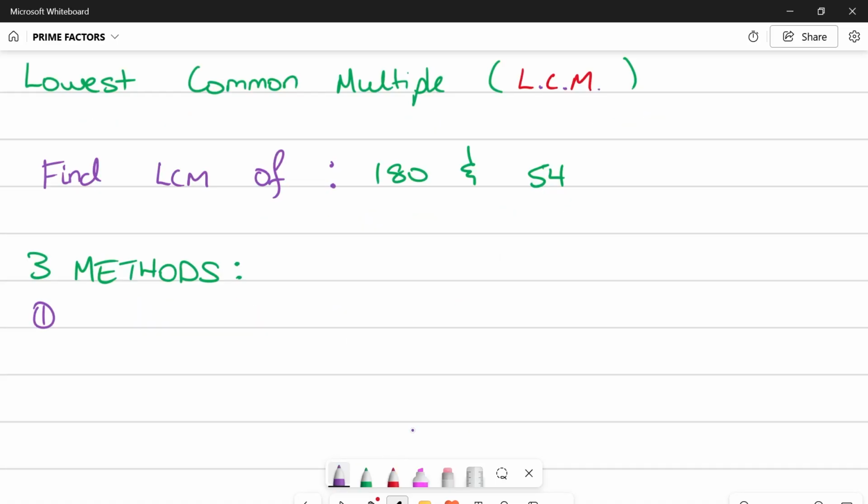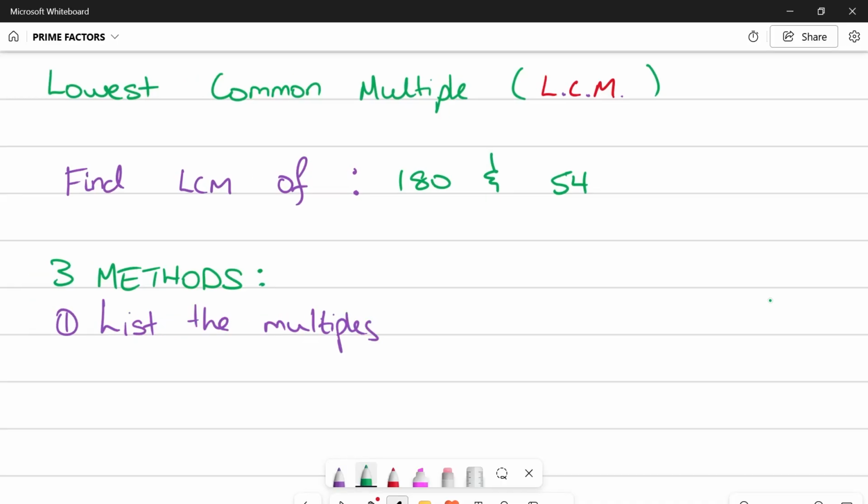There are 3 main methods to find the lowest common multiple. The first method is by listing the multiples of both numbers. This method takes the longest, as we would have to list the multiples of 180 and 54 until we find a multiple that they both have in common. Remember, the multiples are just the multiplication tables of a number.